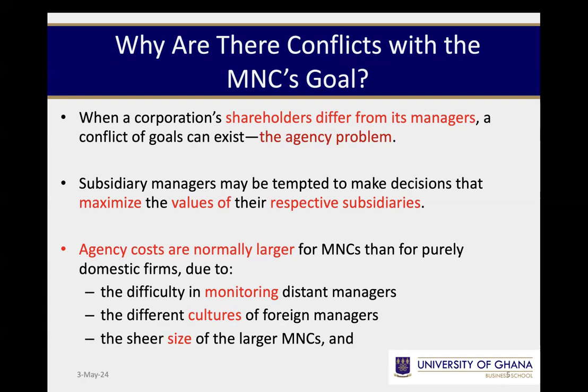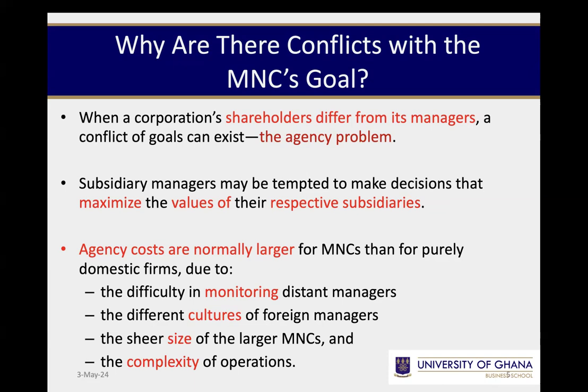Usually, larger entities are more difficult to monitor and control, and that also is one of the issues for agency costs as far as multinationals are concerned, and also the complexity of the operations of a multinational. So these are some of the elements that fuel higher agency costs for multinationals.